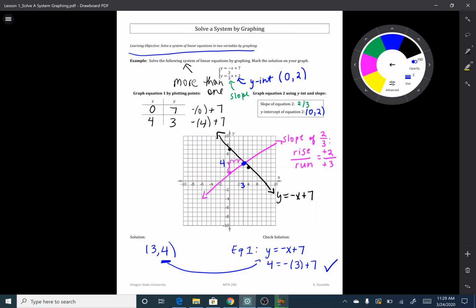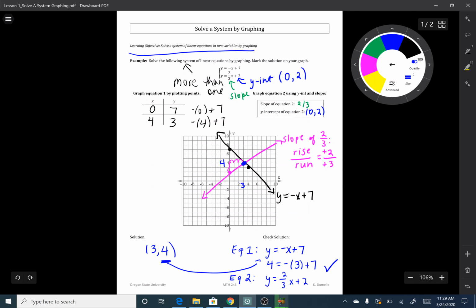And then I want to check my equation 2 as well, to make sure that this point does lie on equation 2. So I am going to, again, plug this point into my equation. So I have y equals 2/3 x plus 2.